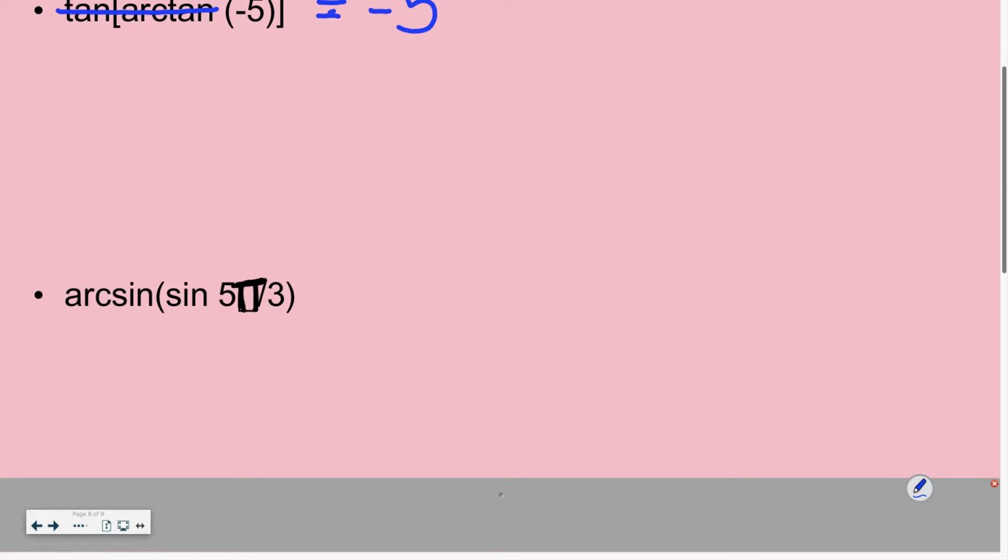So that's the arcsine of the sine of 5 pi over 3. Okay, ultimately, what is our outer function? What is the outside function? Sine or arcsine? Arcsine. What kind of answers do we get from an arcsine problem?